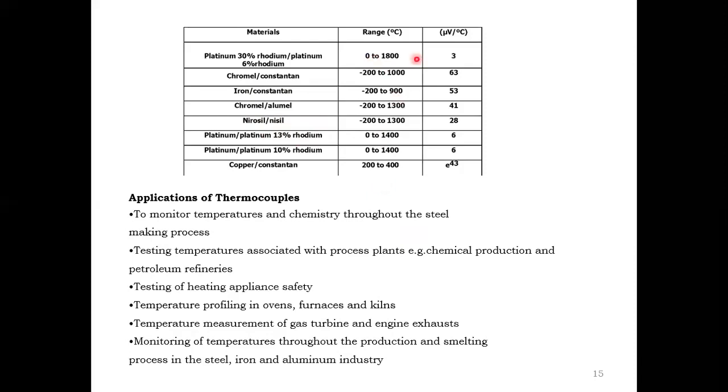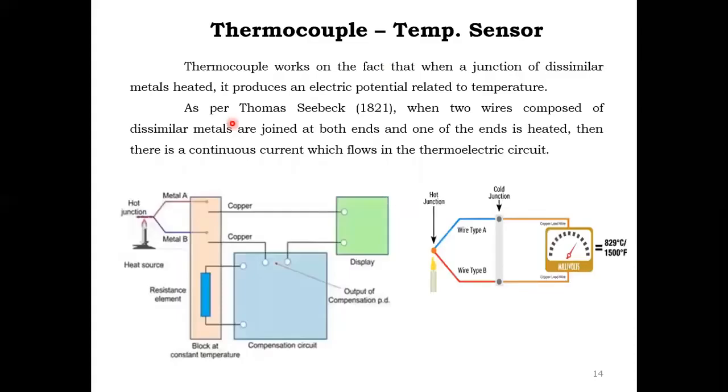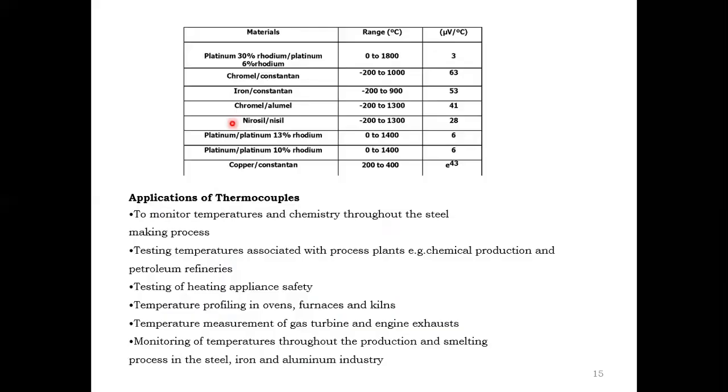That is 0 to 1800, minus 200 to 900, 0 to 1400, 200 to 400. They are using different materials for different ranges in the thermocouple temperature sensor.